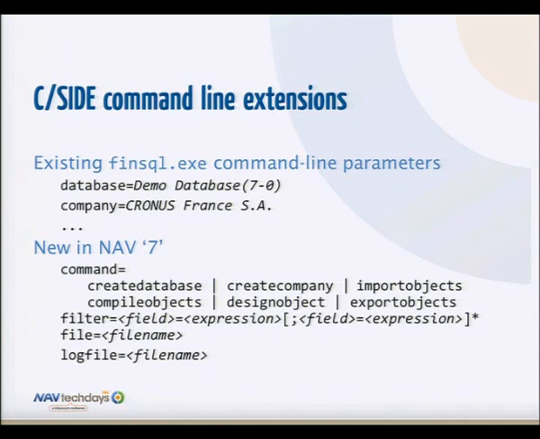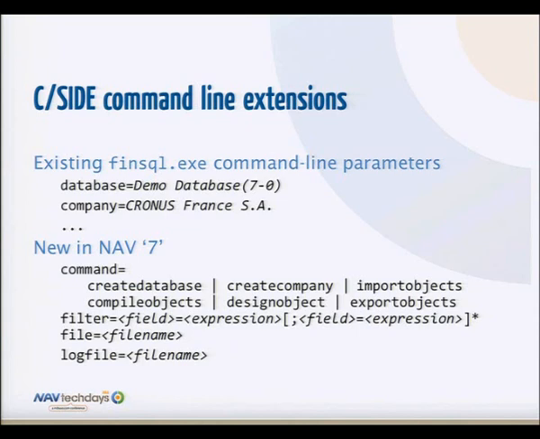What we're adding now is a set of commands that allow you to create a database and create a company and so on. We didn't do that in our build script because we were starting off the French release database. We did showcase import objects and compile objects. We can also export objects, but we didn't do that here.